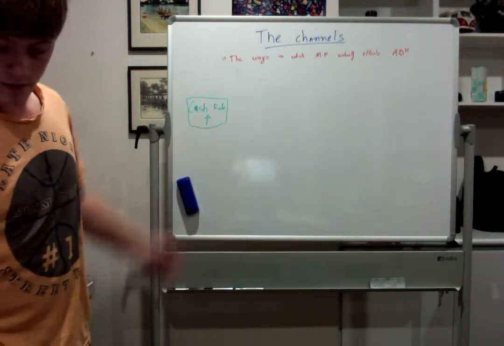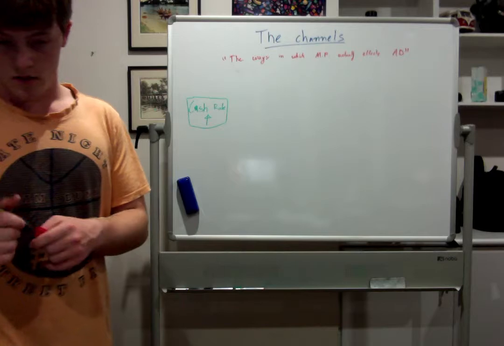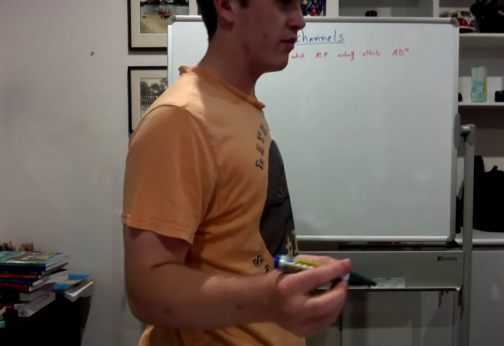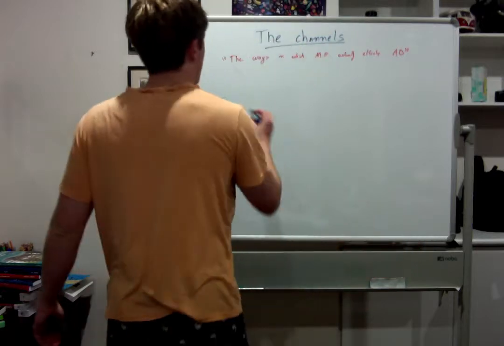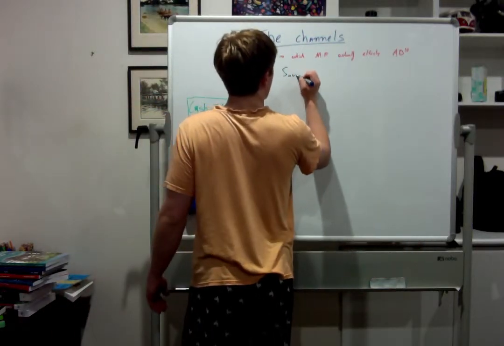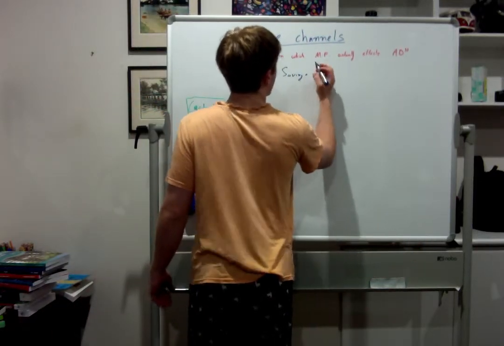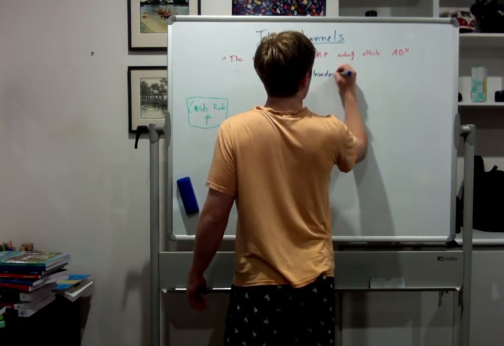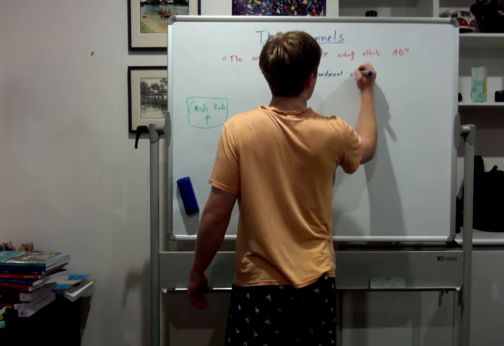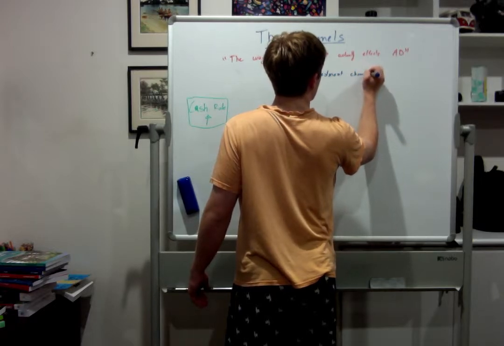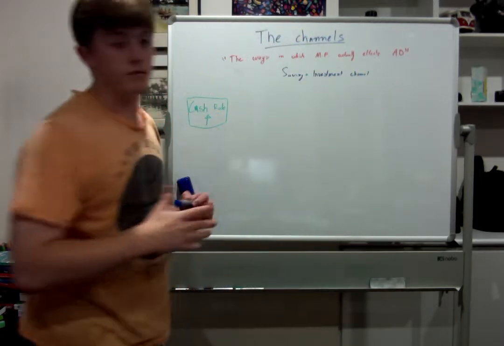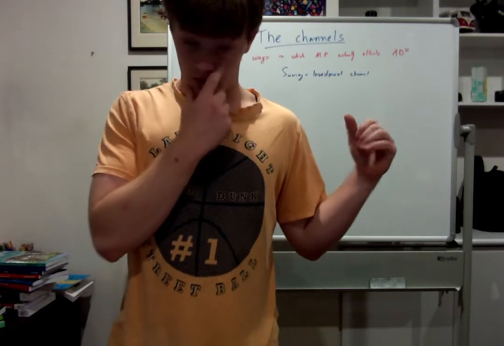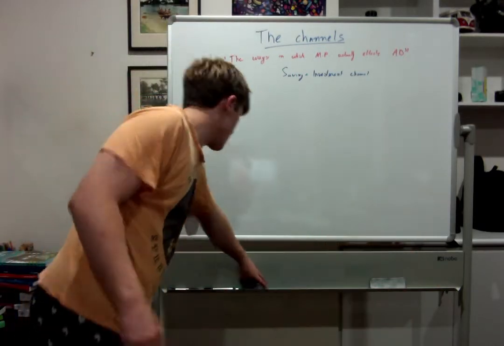So the first one we'll model is, what is it called? Sorry, dogs. Saving plus investment channel. Kind of what I just talked about. I forgot I was modeling it, but anyway.